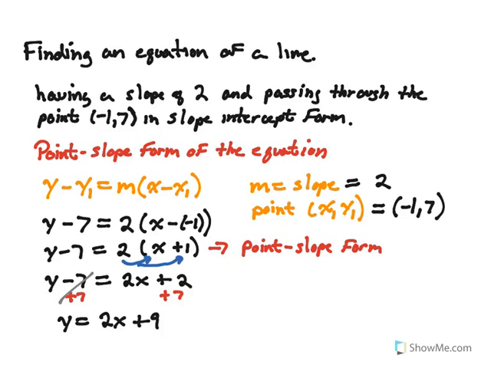And that equation is in slope-intercept form. Okay, so you can convert from one form to another. They're both equivalent, it's just different ways of expressing it. So that would be your answer for that.